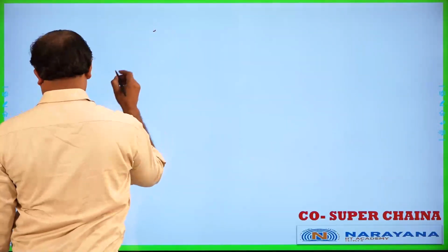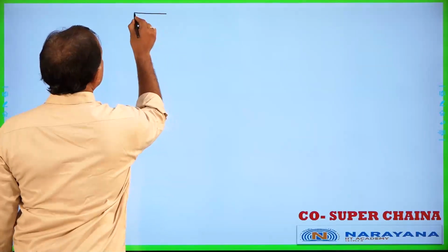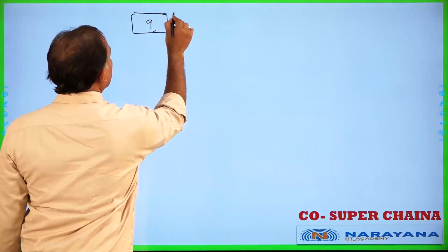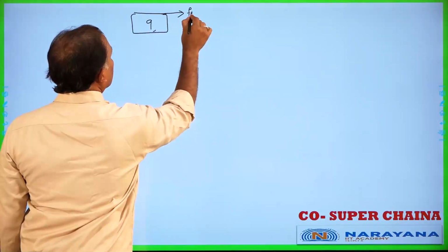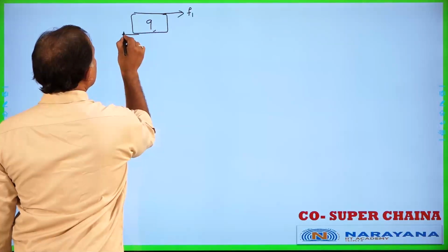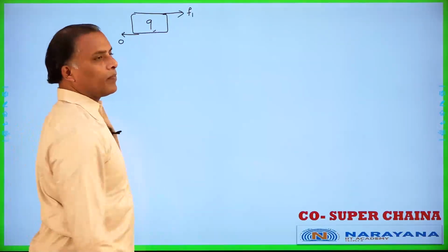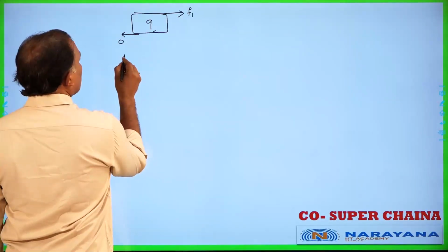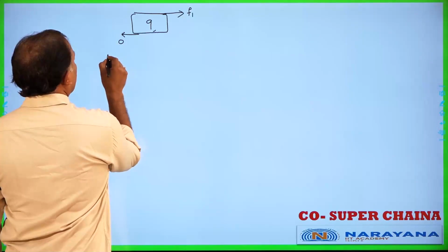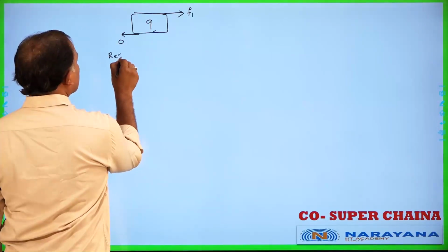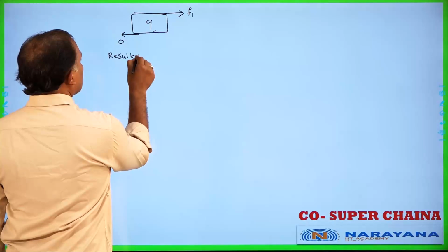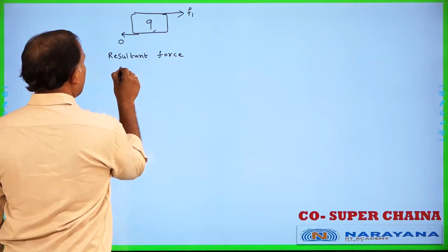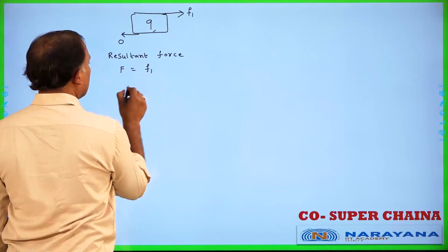So here let us consider the free body of that one. This is the 9 kg I am taking, this side F1 and this side opposition is 0, as no opposition is coming. So the resultant force F is equal to F1.